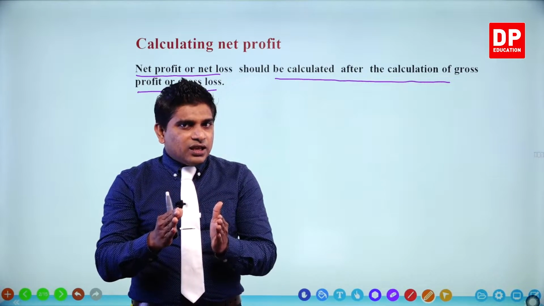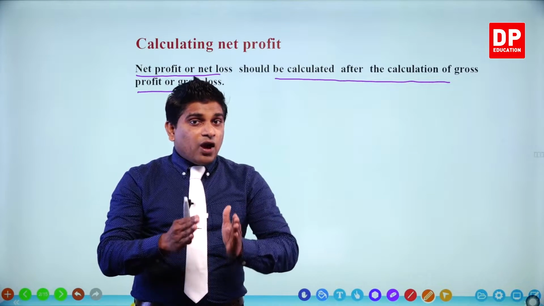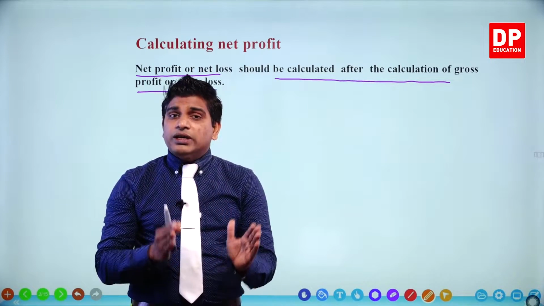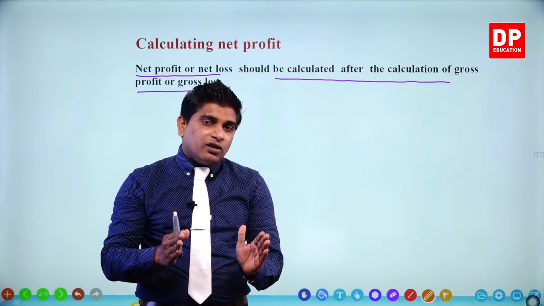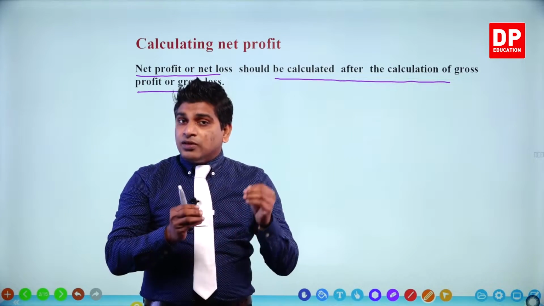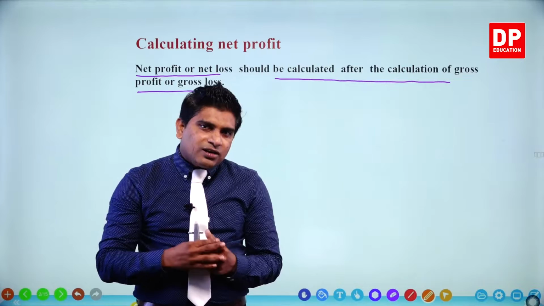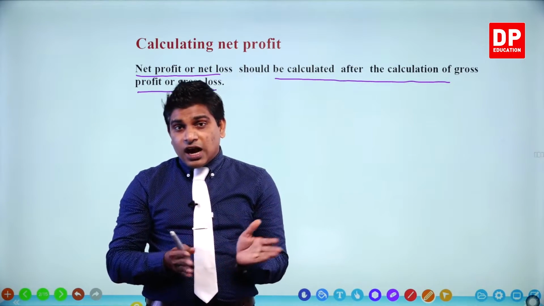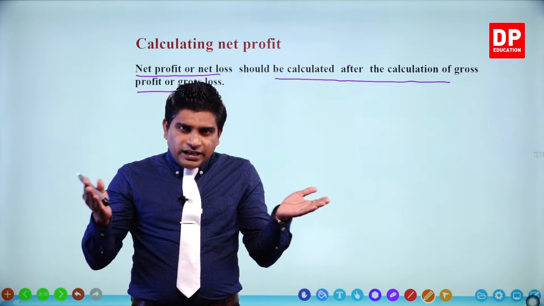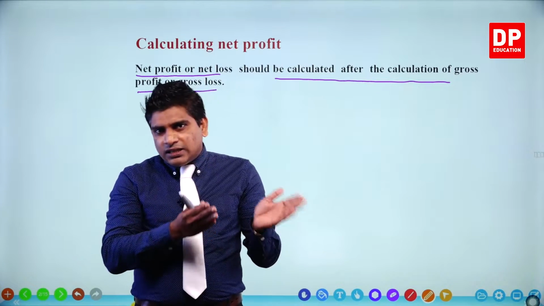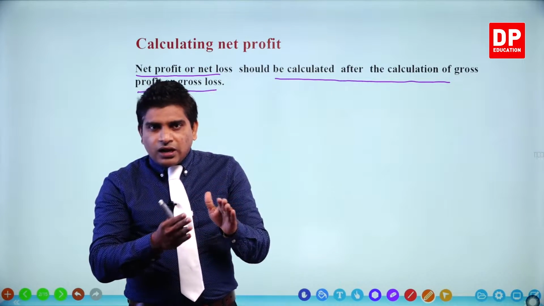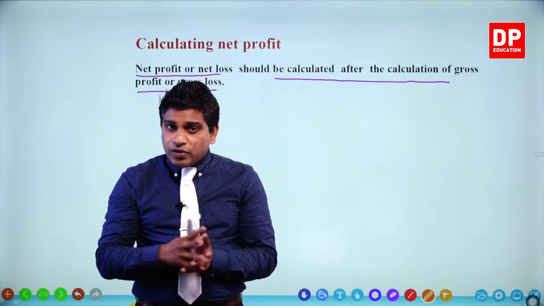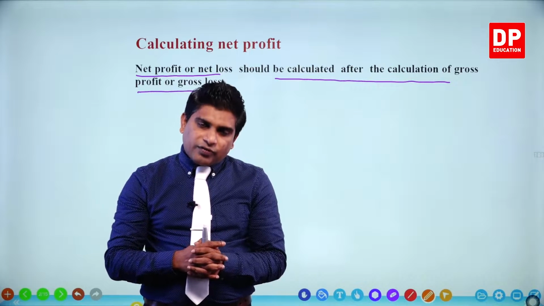That's why at the beginning we found the method how to calculate gross profit or gross loss. From the sales income you subtract cost of sales, then you can find gross profit or gross loss. After that, are there any other income in the business? Under the gross profit we write one by one, and we know now how to calculate other income also. Now we move to calculate net profit.